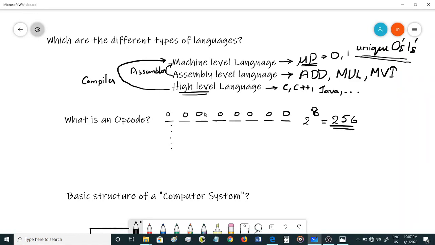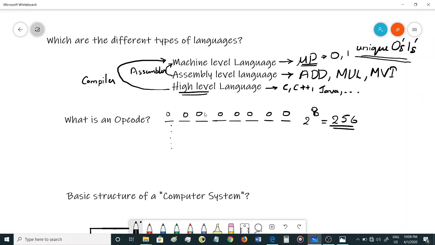Here we have various instructions like add, mul, move. Each and every instruction will have a unique operational code which will be stored in your memory depending upon the program that you write.